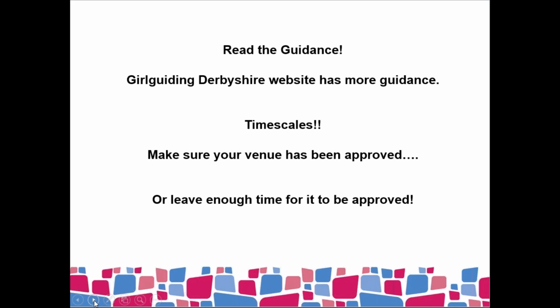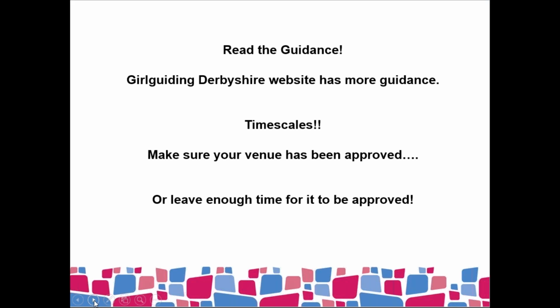I know it's obvious, but really read it, because it tells you exactly what you need to do. So you know what information you need to provide when you're filling in the boxes, which is really helpful to your commissioner, so that she doesn't have to keep coming back to you for more information. And also, it does tell you that the risk assessment needs to go with the part 1, along with the outline plan of the event.